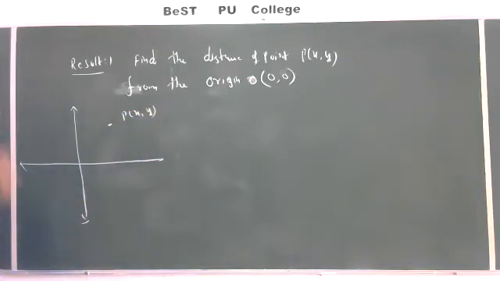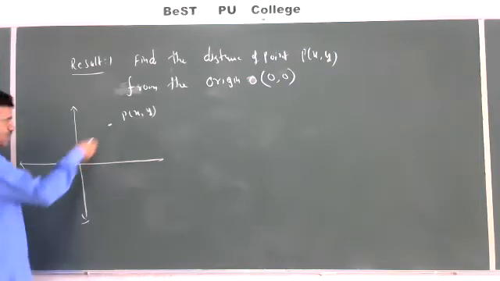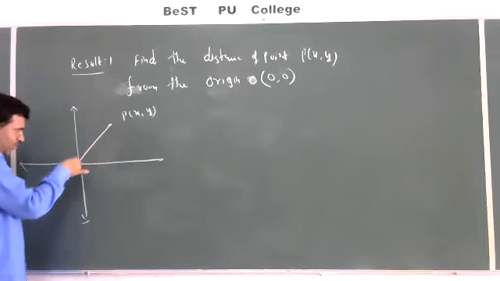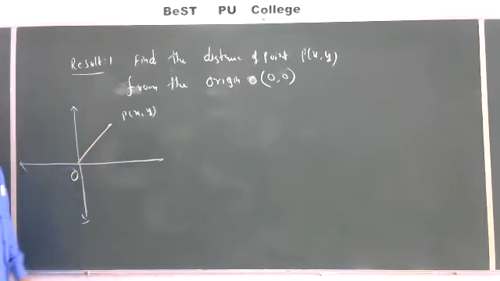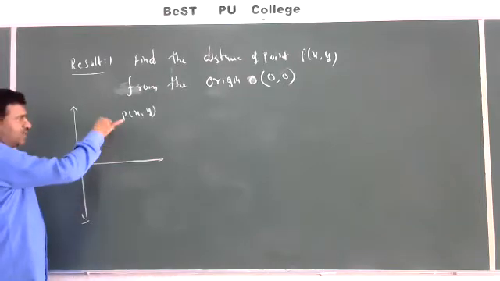First, analyzing the result: find the distance of the point from the origin. So join OP. Distance means we have to find the OP distance. See the possibilities here. To find the OP distance, what are the possible constructions we can do?